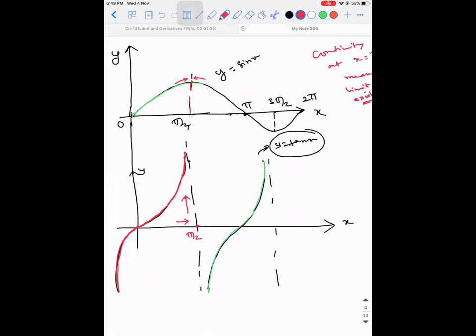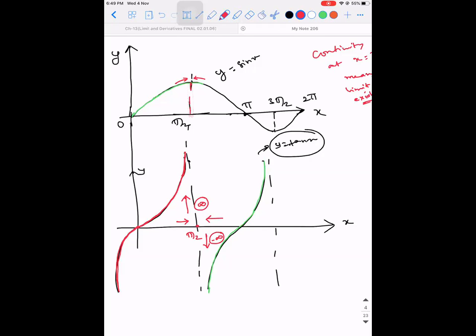It is going to plus infinity. When I approach from the right-hand side, where is it going? Minus infinity. So this kind of function is said to be discontinuous.